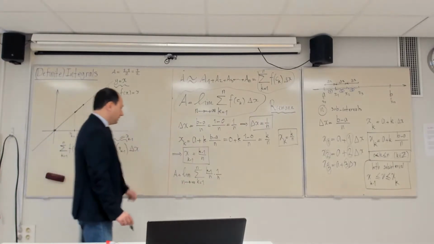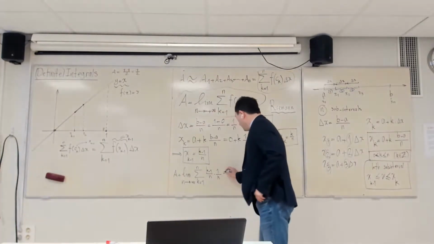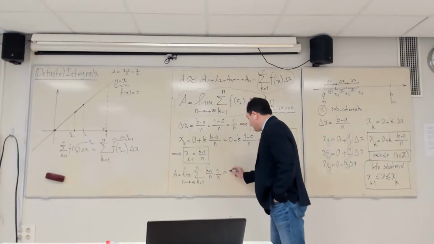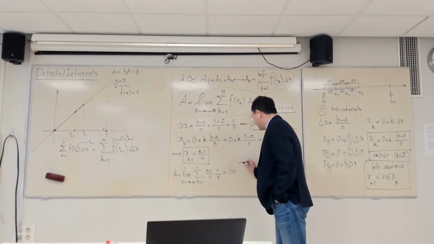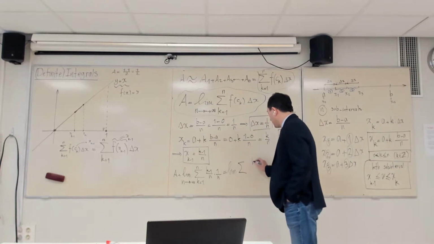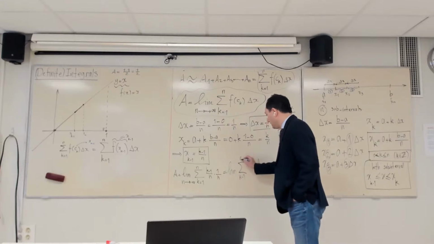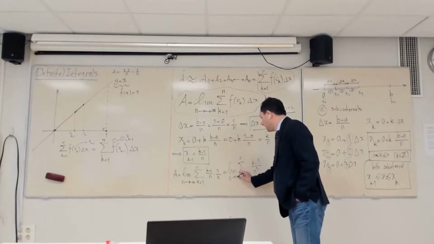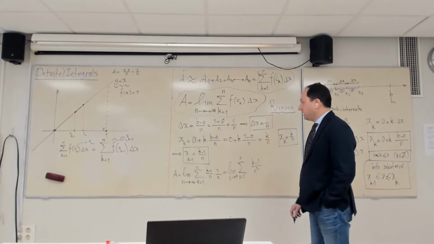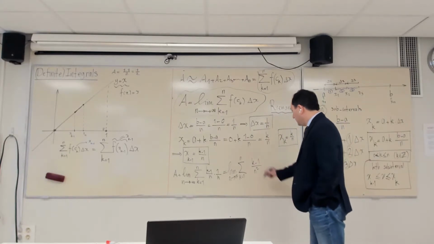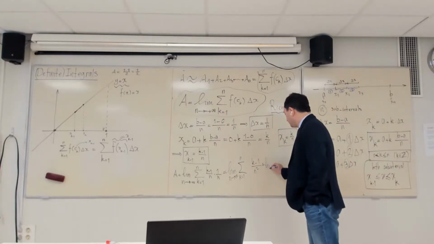Okay, let me calculate this one for you. This n and that n, if I multiply them, becomes k minus 1 divided by n squared, and k goes from 1 to n. And I want to take the limit when n goes to infinity. So let me open up this sigma for you.